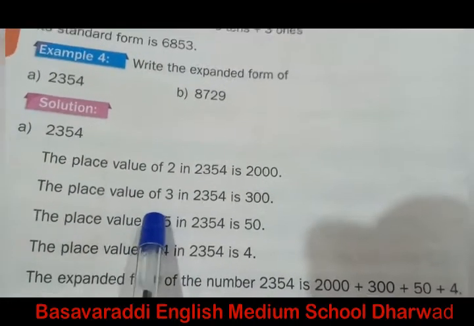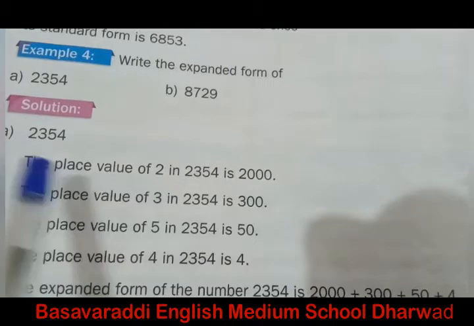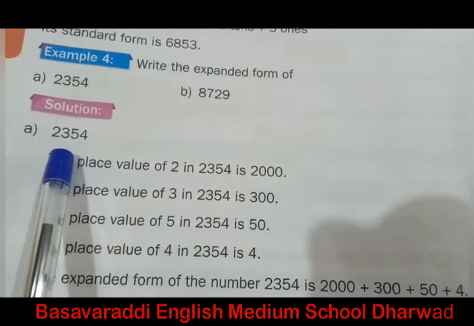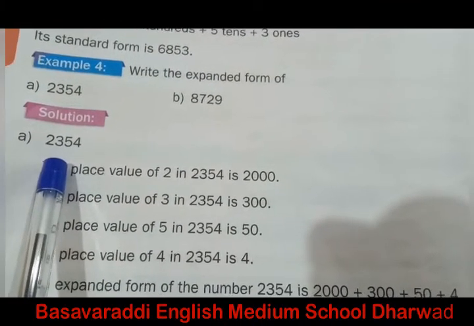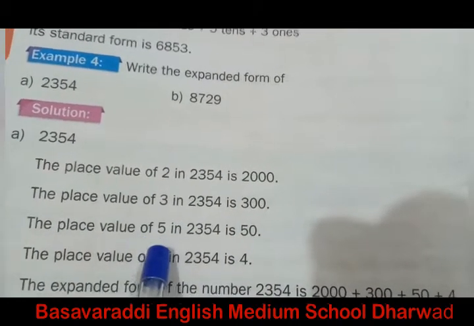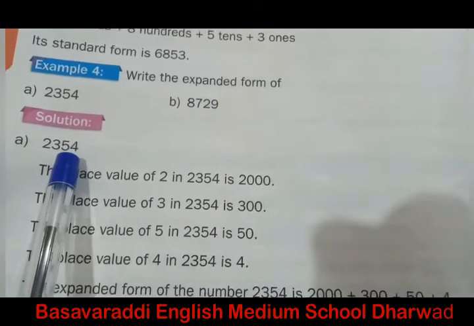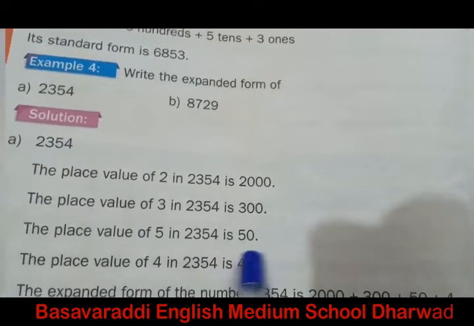The place value of 3 in 2354 is the 100 place. So we multiply 3 into 100, that is 300. The place of 5 in 2354 is the tens place, so 5 into 10, that is 50.